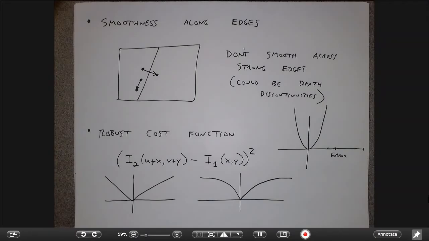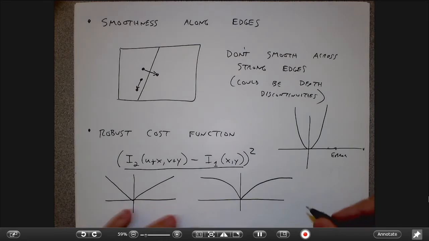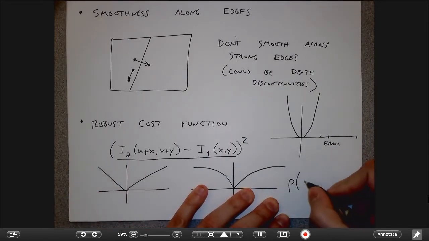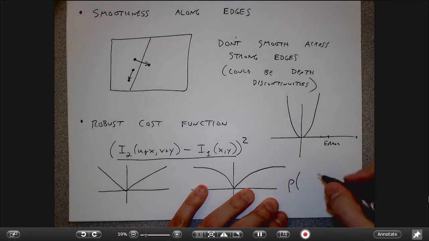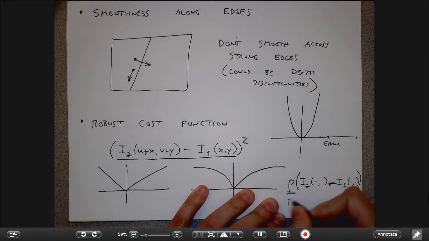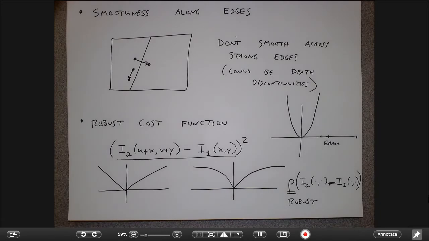So instead of writing it like this, you would have a term that looks like some rho that operates on this difference. This rho is one of these robust cost functions that isn't just the square of something; it mitigates big errors. That robustness turns out to be very important.